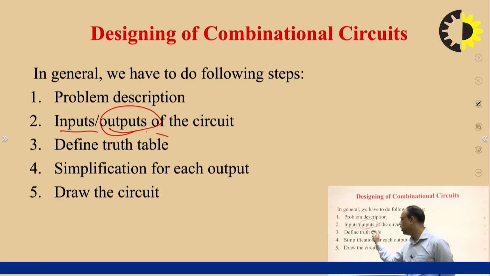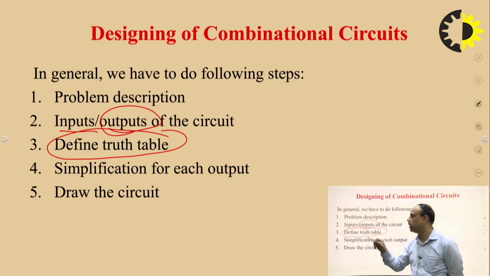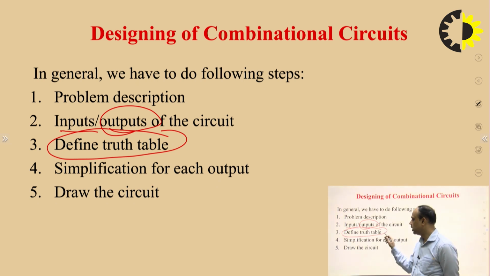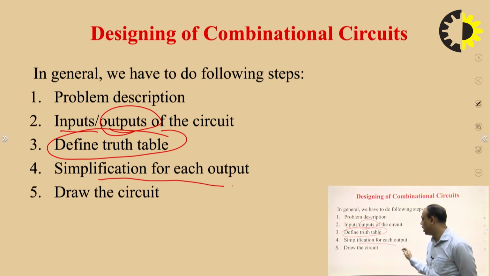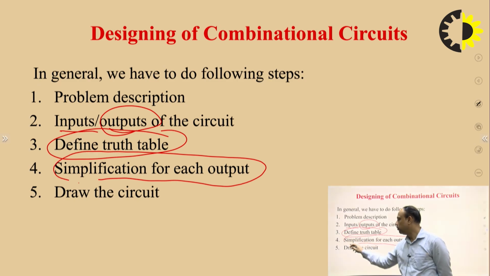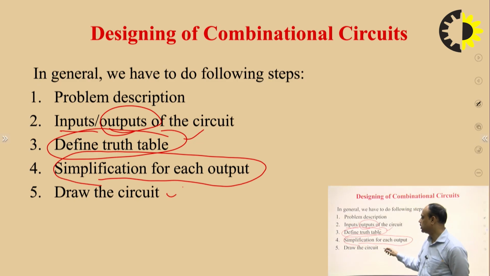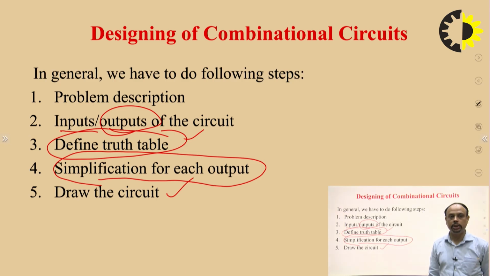Then we have to make the relationship table, or truth table, between the input and output combinations for all the possible combinations of inputs, then simplify the output variables obtained with the help of this table, and then draw the circuit diagram with the help of different logic gates.